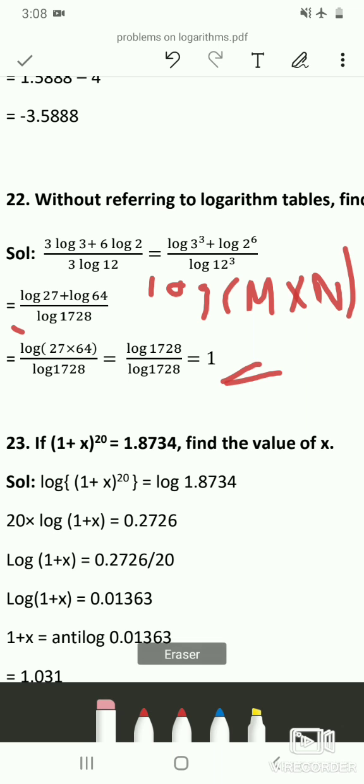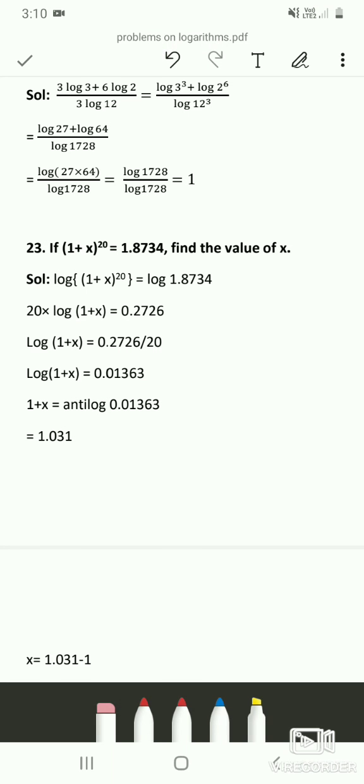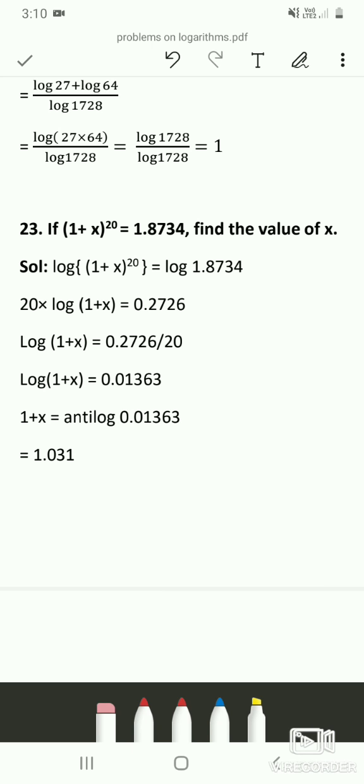So you can see, without using the logarithm table, we have obtained the value. The next problem is, if 1 plus x whole raised to 20 is equal to 1.8734, then find the value of x. So even these type of problems are important.